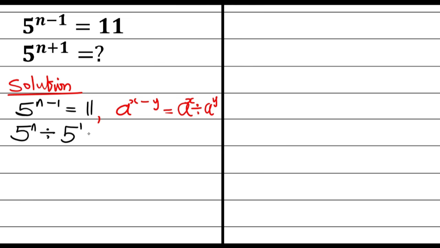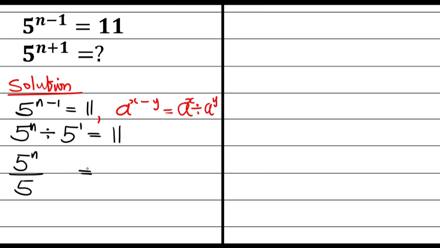They still have the equal sign, and the 11 is still there. Therefore I'm going to rewrite my left hand side: I write 5 raised to the power of n divided by 5, because 5 raised to the power of 1 is still 5. Then this equal sign is still there.